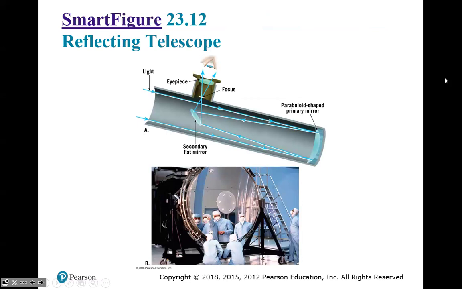So this is a reflecting telescope of the style called a Newtonian focus, where light comes in, bounces off the mirror at the back, hits a secondary flat mirror, and comes out the side through an eyepiece. Newton's first telescope was of this type. Lots of the telescopes that you might buy as a hobbyist are of this style.